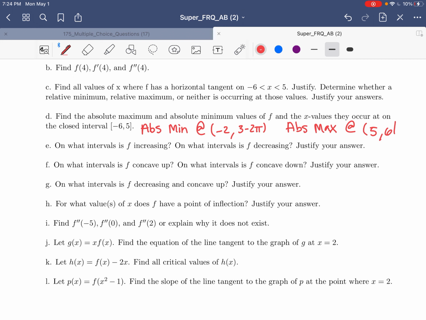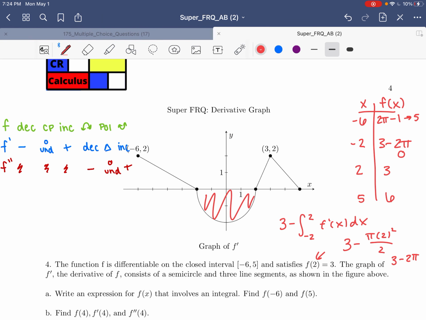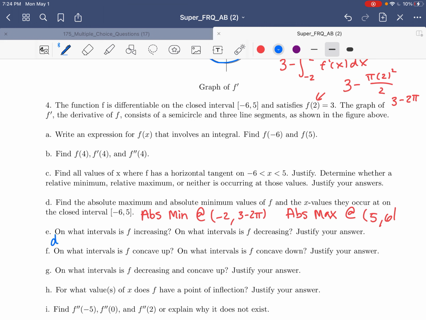All right, E wants to know where is F increasing, where is F decreasing. So that's when this chart comes in handy. So notice, since this is a graph of F prime, this is the only row I should be looking at. So the first thing it wants is decreasing and increasing. So it's going to be decreasing anytime F prime is negative. So if I look at when it's negative, it's going to be from this point here all the way up to this point. So it's going to be decreasing from negative 2 to positive 2.